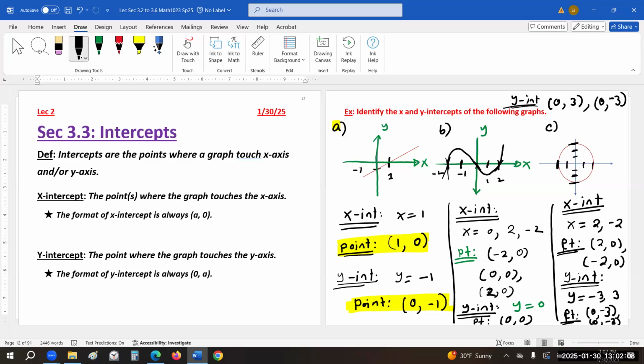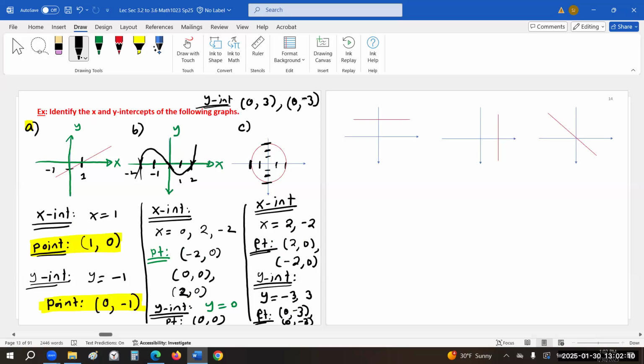No? Let's do some interesting ones. Go ahead, question? No, one is positive, one is negative. Sorry, my bad. Thank you for catching that. So let's see, this is our x-axis.